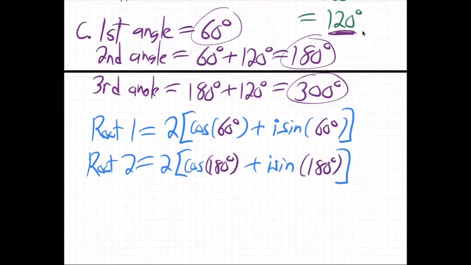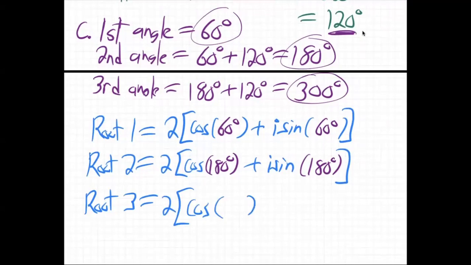First angle, second angle, and then third angle is 300. So that's going to be the third one. So root 3 is going to be 2 cosine plus i sine, and that's going to be the 300.